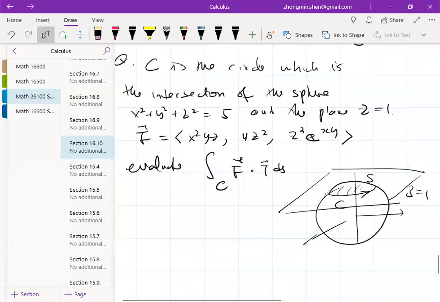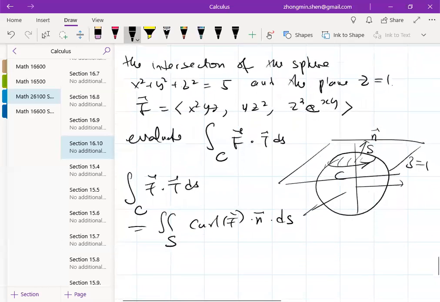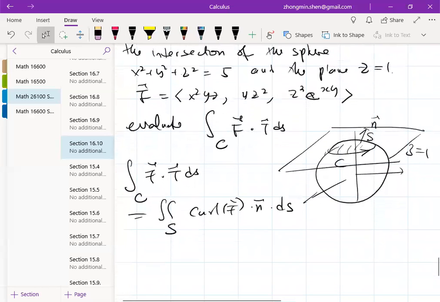So by Stokes' theorem, this is going to be the surface integral of the curl of F dot n dS. We point in that direction. So let's find the curl of the vector field first.